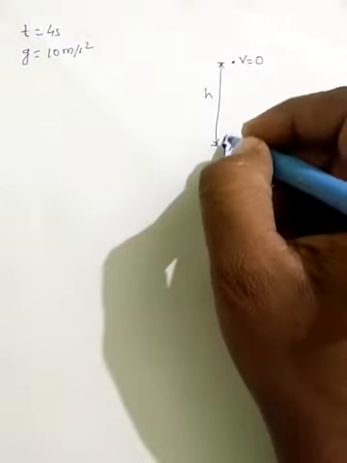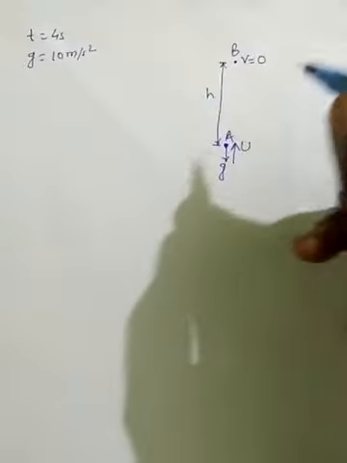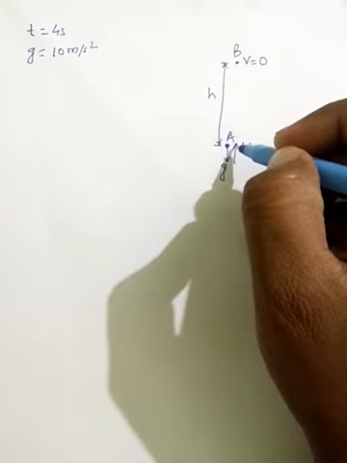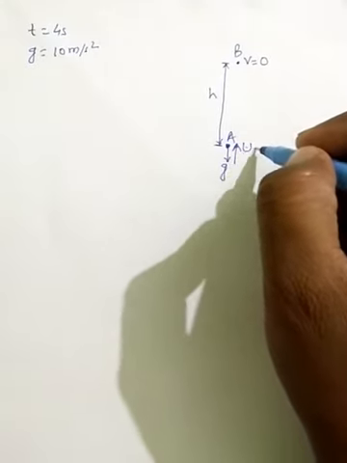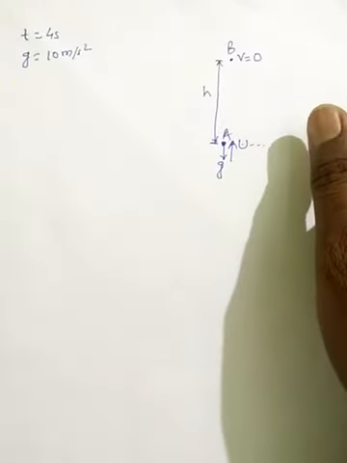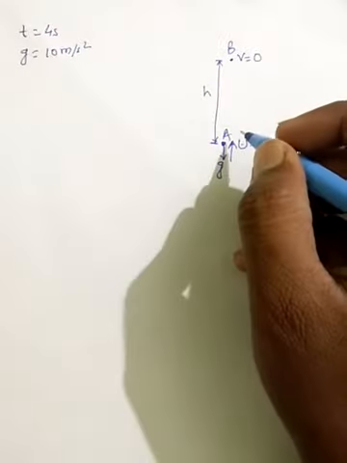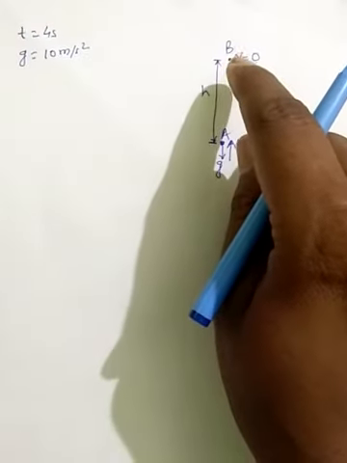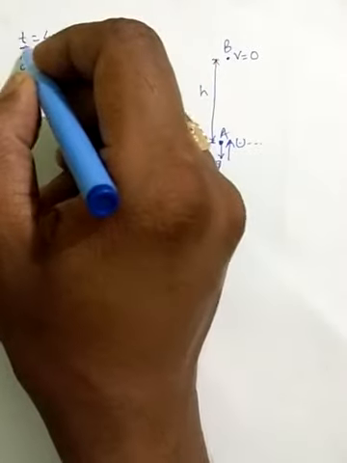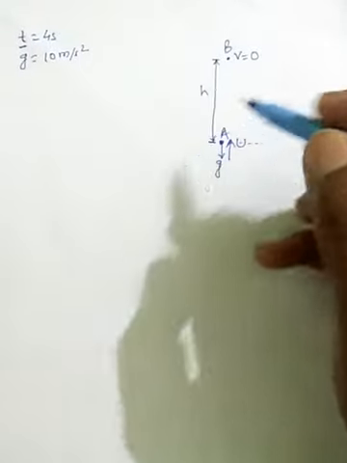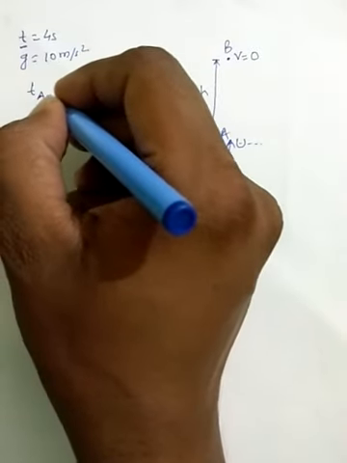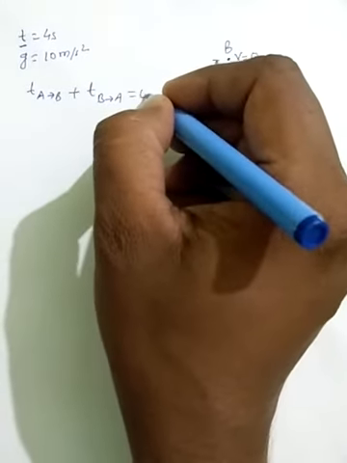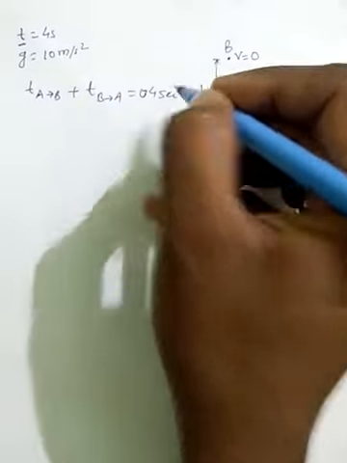Suppose this is point A and this is point B. Then it returns to its normal position, that is, the level of the thrower. There are two motions, one from A to B and second from B to A, and T is given for both: T for A to B plus T for B to A. This total time is given as 4 seconds.